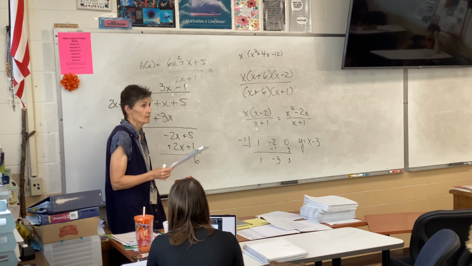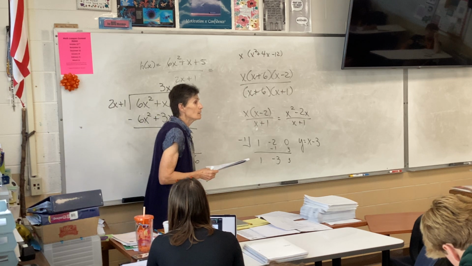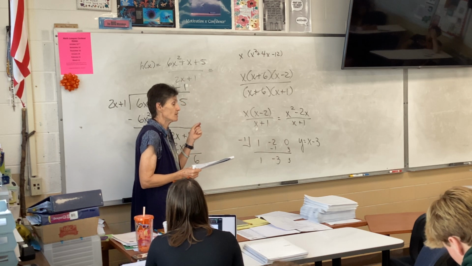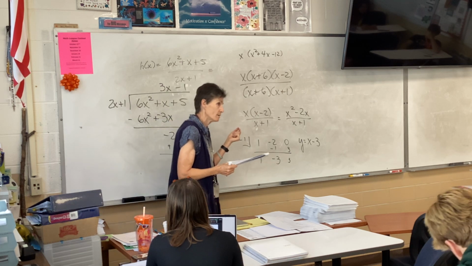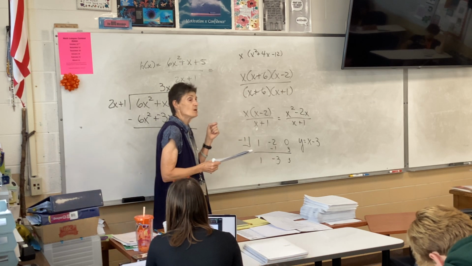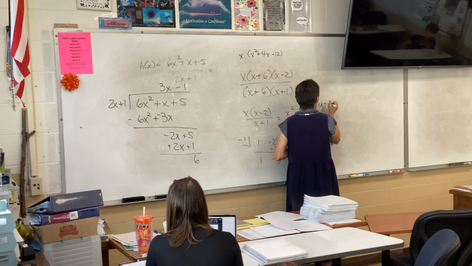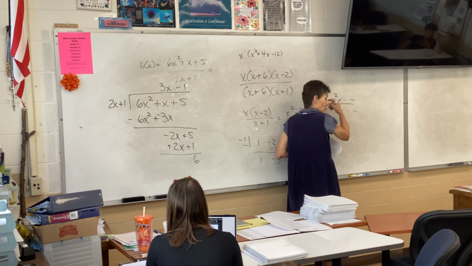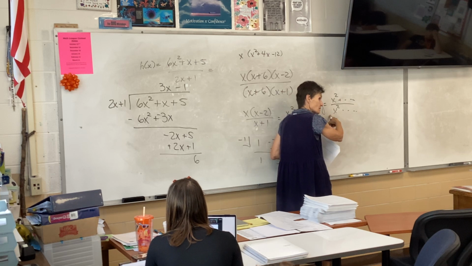Very good. Yep, Avery? So you don't use the original form of the problem, you just use the simplified one? It doesn't matter. Now, if you use the original form of the problem, then you will have to do long division, because the original problem has an x squared in the denominator. But no, it's just like if you had some original problem like this, the original looked like that, you could tell right from here that that horizontal asymptote is going to be 1.